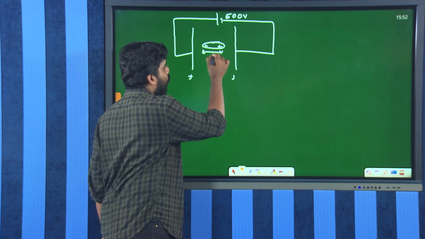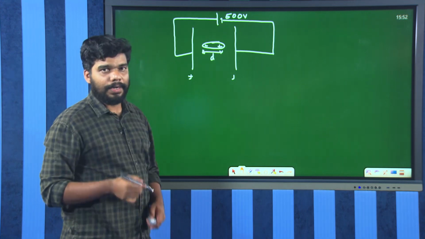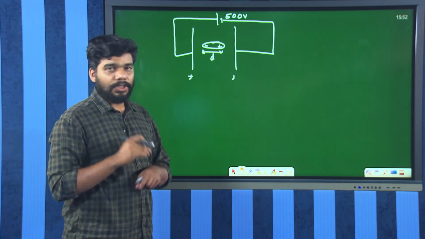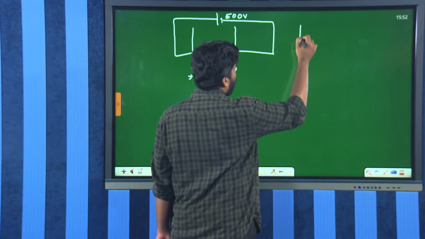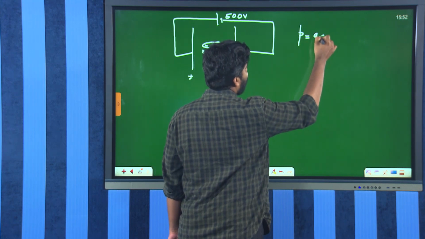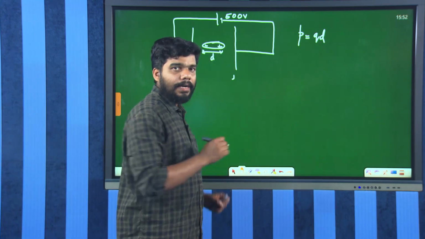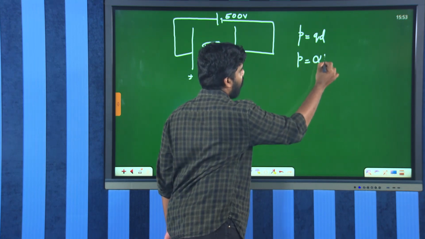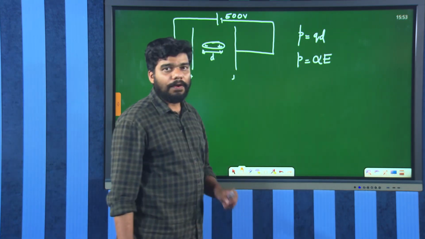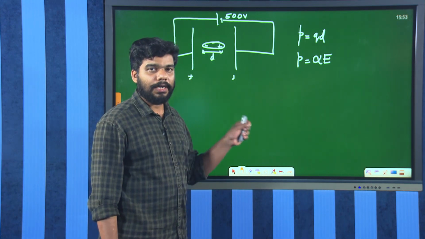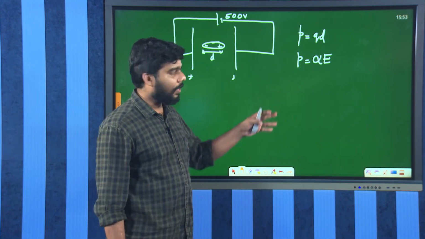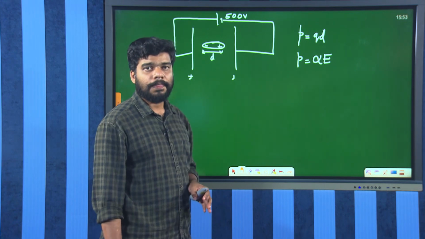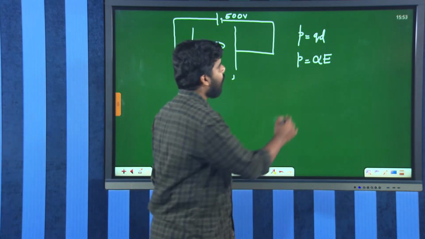We have to calculate the dipole length. Since we know that the dipole moment P is equal to Q into D, where P has another expression, P is equal to alpha into E, and alpha is called the polarizability of the hydrogen atom. Now what is D?